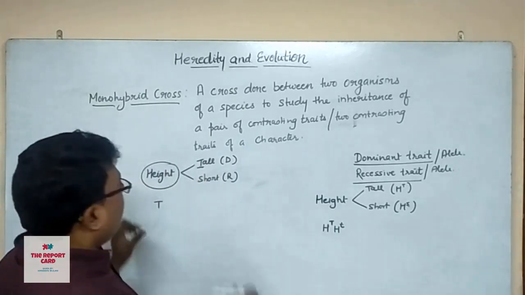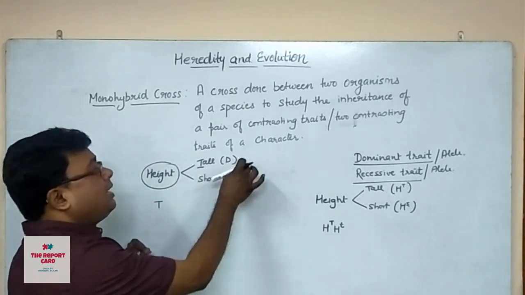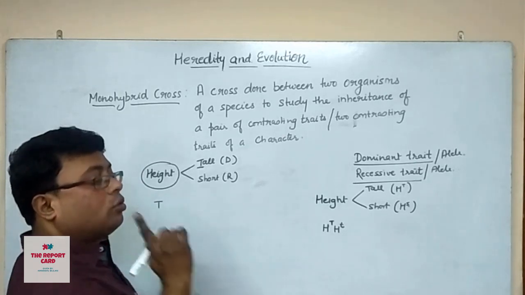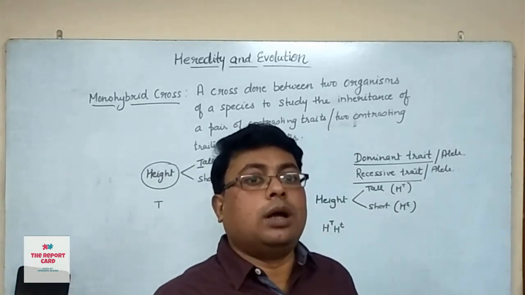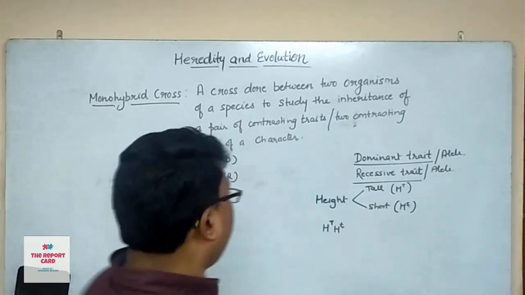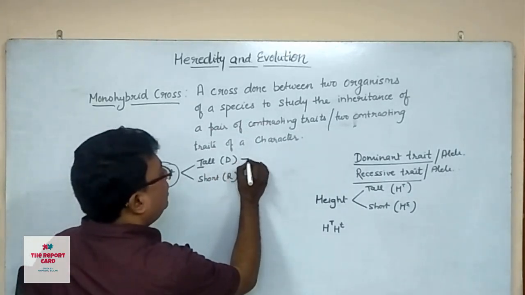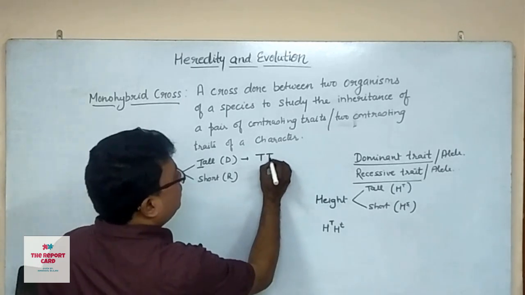Now for any trait, always remember I told you that there are two alleles which are responsible to give you a particular trait. So when you are expressing dominant, you are going to write it this way.